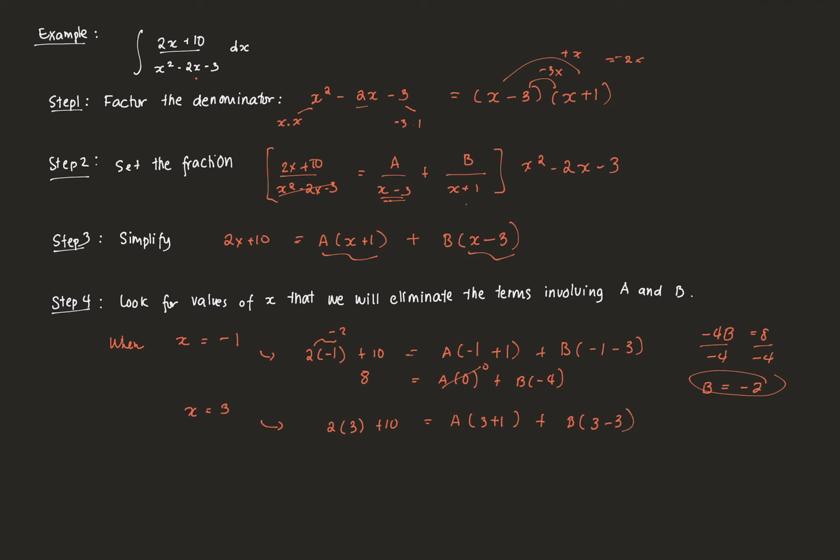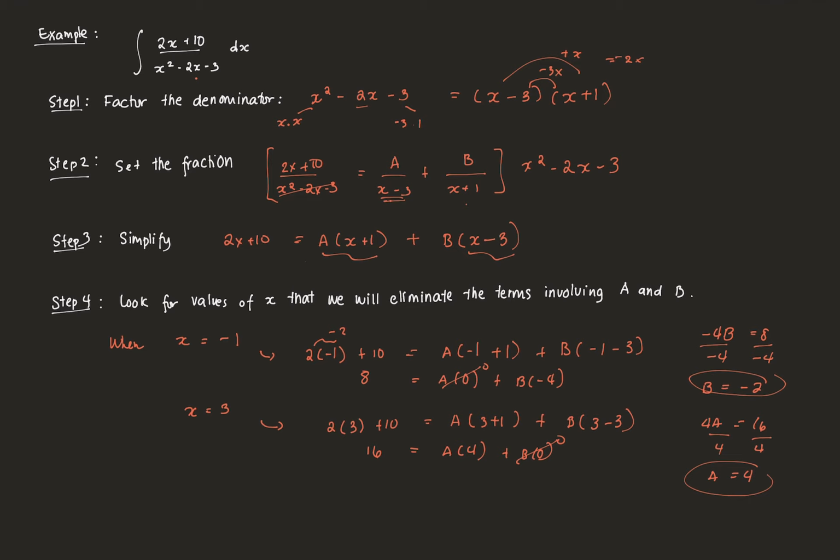So this is 6 plus 10, which is 16, equal to a times 4 plus b times 0. That just cancels out, and you're going to be left with 4a equal to 16. Divide both sides by 4, and you get a equal to 4. So you now have values for a and b.